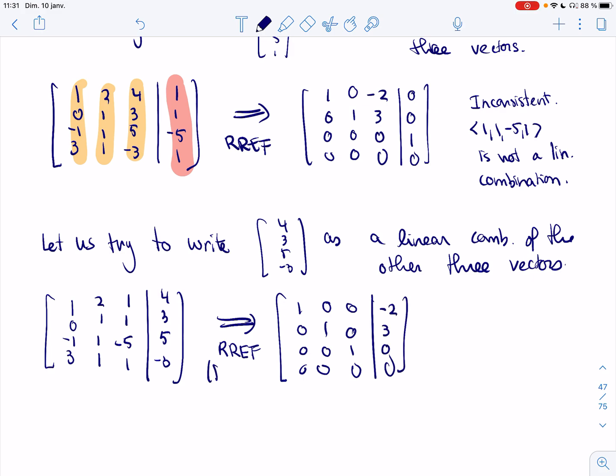All right, so this is from above. I don't need to re-reduce it. I know how it reduces, and this one is consistent. So 4, 3, 5, minus 3 is a linear combination of the other ones.